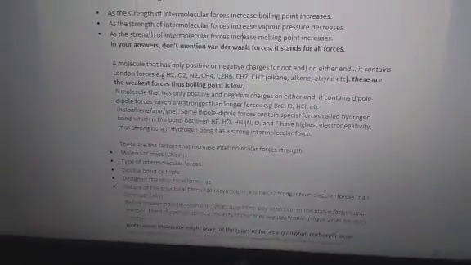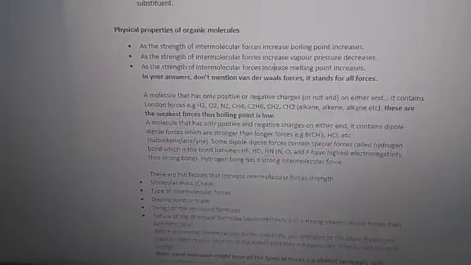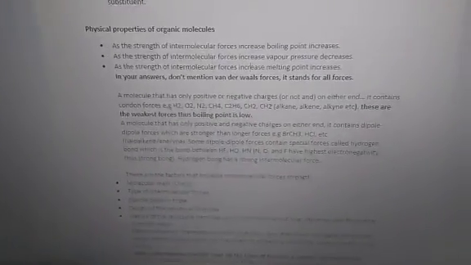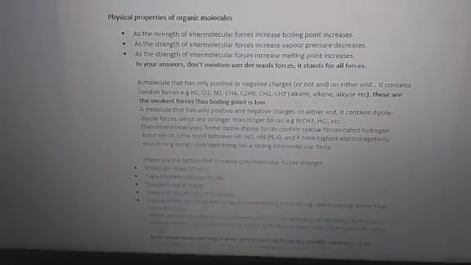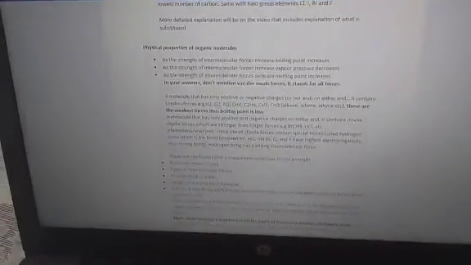Be careful of those, because if you are comparing molecules and one has one of these three elements, then you have to mention hydrogen bond there, because of course it will have a high boiling point, and the reason will be that it also has a hydrogen bond that increases the intermolecular forces.